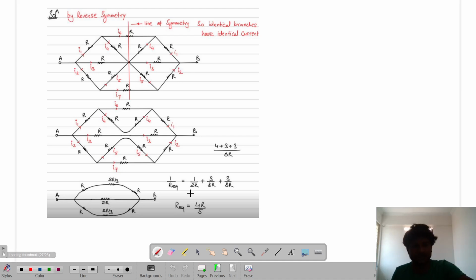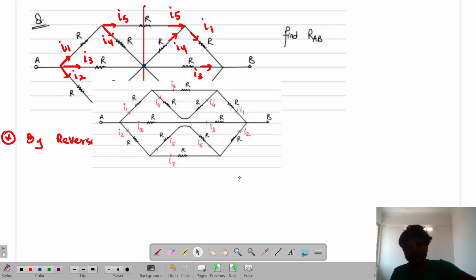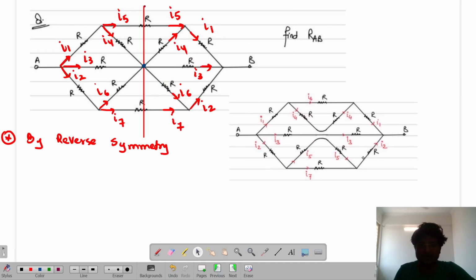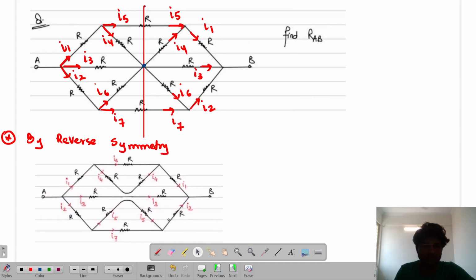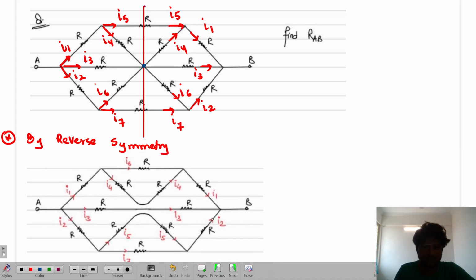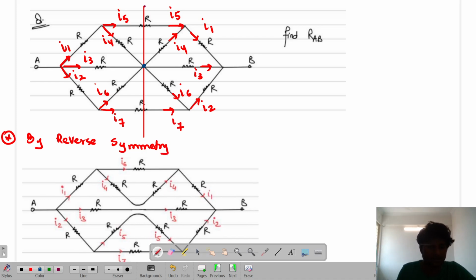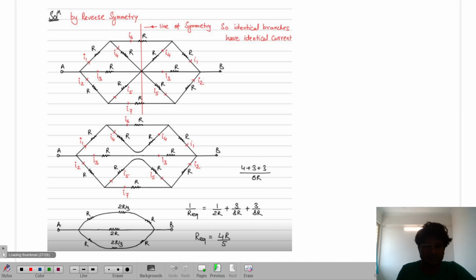So it breaks into this particular form, and then I can find the current easily.